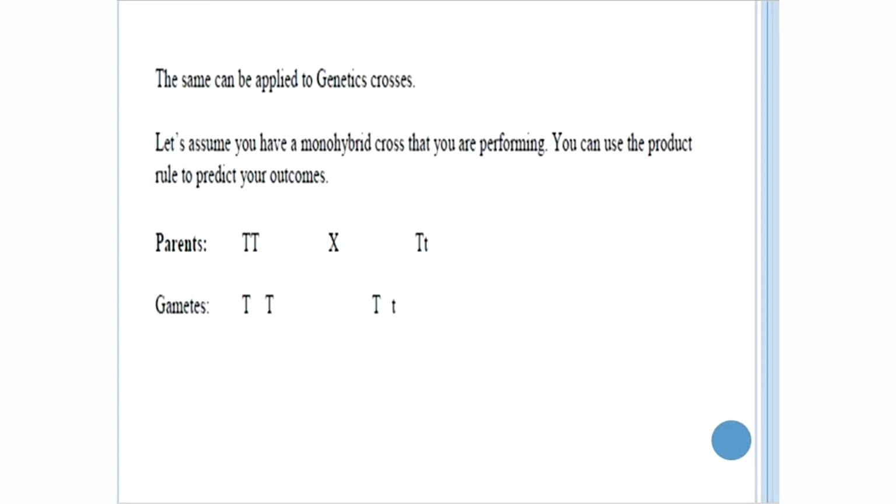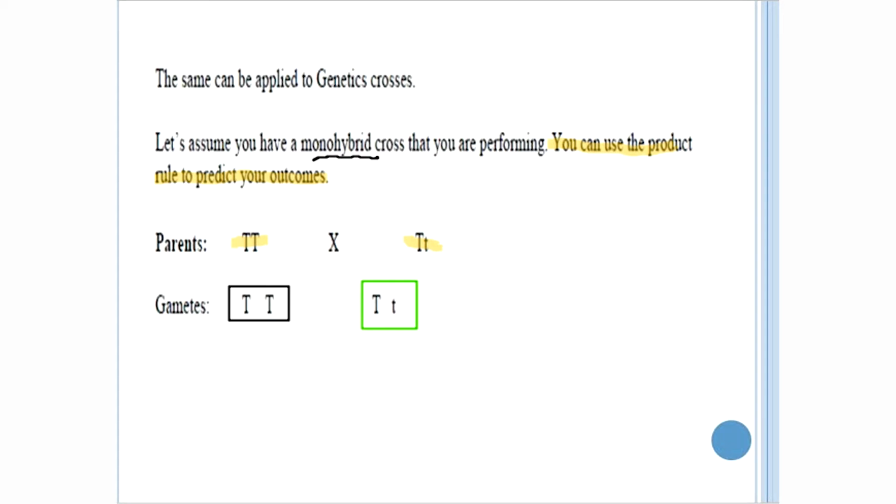If you're dealing with a monohybrid cross, you can use the product rule to predict your outcomes. For example, if you were told the parents were as follows: big T, big T, and big T, little t, you know the gametes they would produce are from parent 1, big T and big T. From parent 2, big T, little t.